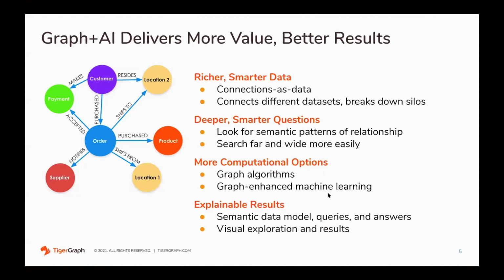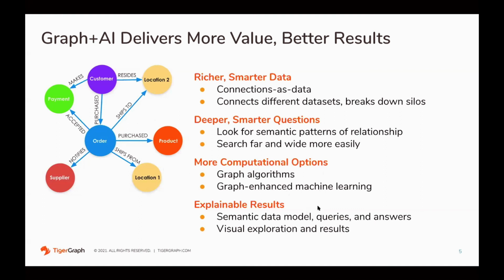And the benefit of graph enhanced machine learning, or just even more basic analytics and queries, is that you get explainable results. And that, again, goes to the data model. The data model itself is very explainable. You can look at this picture and see what it's saying.